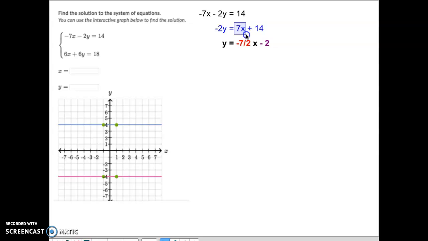When I divide 7x by -2, I get -7 over 2x. I always put the negative with the top number, not the bottom number, just so you know that. Then when I take +14 and divide that by -2, oh, do you notice I made a mistake right there? Ooh, look at that. So let's just quickly fix that to the best of my ability.